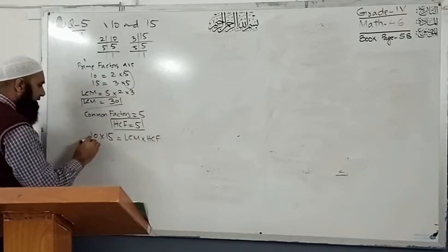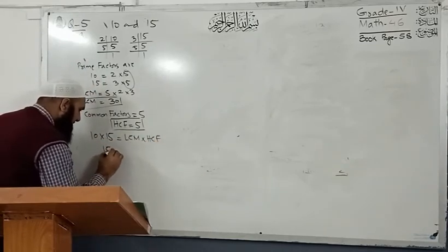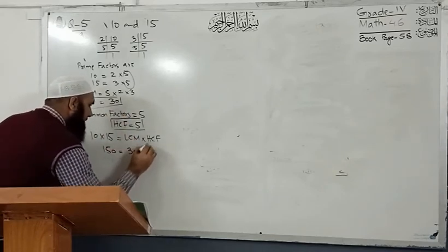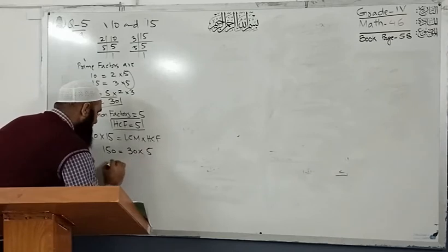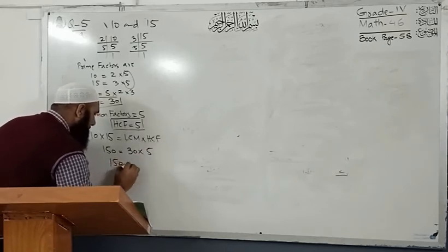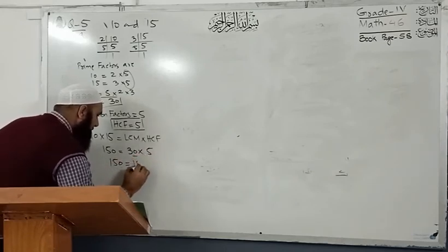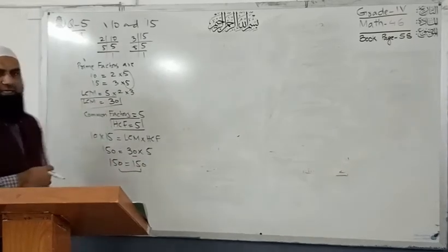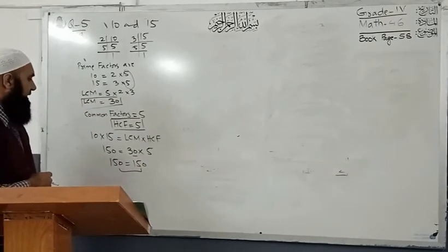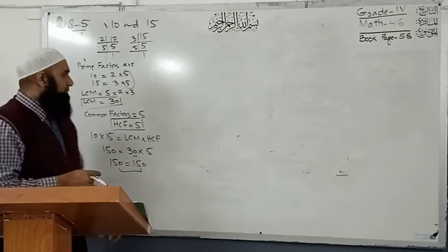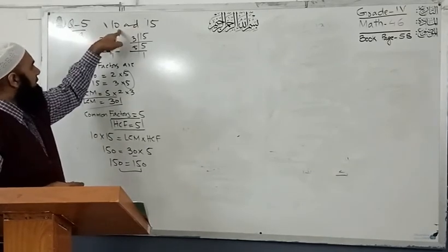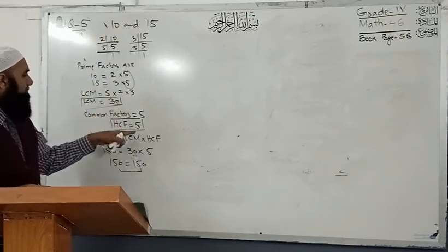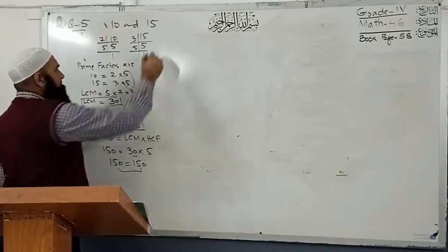Okay. 15 multiplied by 10 will give us 150, and LCM is 30 multiply HCF is 5, we got 150. So this is equal to this. The right hand side is equal to the left hand side, hence proved that the product of two numbers is equal to the product of their LCM and HCF.